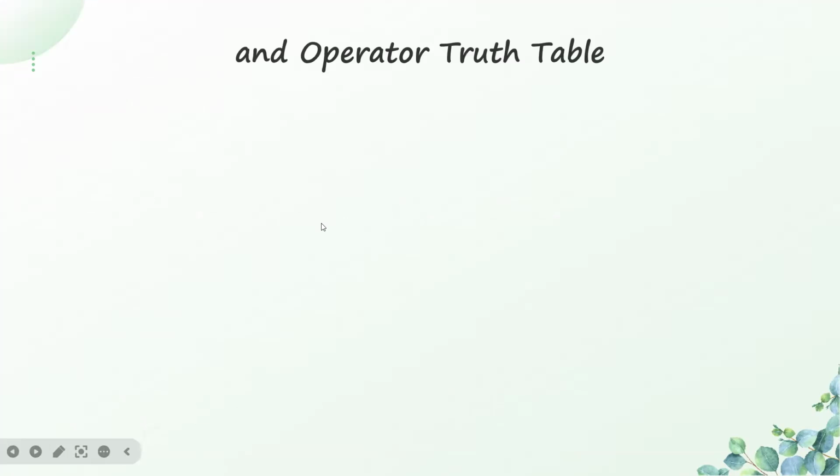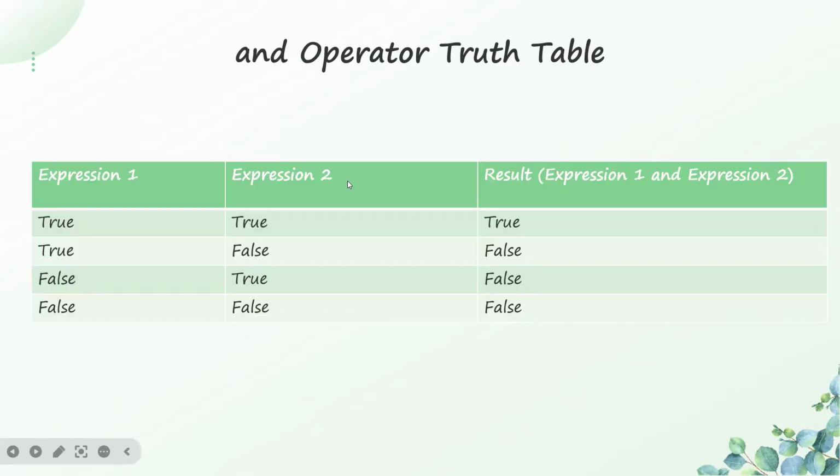So now I want to show you something we call the truth table. Those in computer science would teach you this when they are talking about logic gates and stuff like that. But let me show you the truth table of this AND operator.